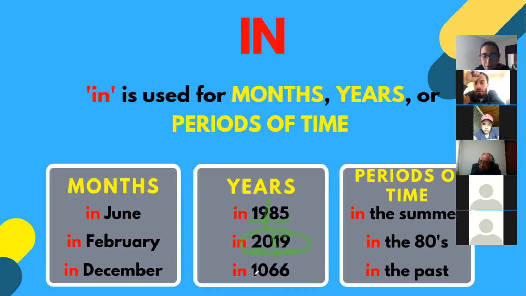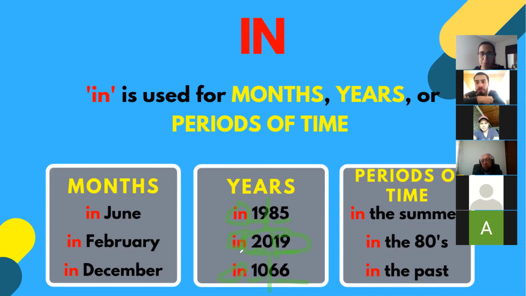So here, for example, you say in 1066. Exactly. So you have 2 and 2 in the pronunciation. In this case, always, for the years, we use preposition in. Let's see if you remember history. When did Christopher Columbus discover America?